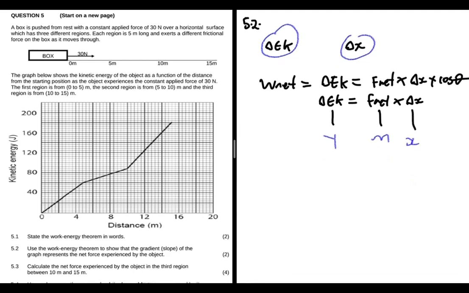So clearly the gradient or slope will give us F net, which we find by taking the change in EK divided by the change in distance, or the change in x.